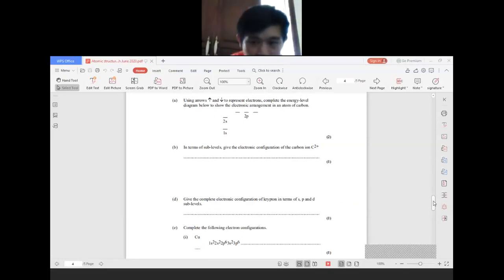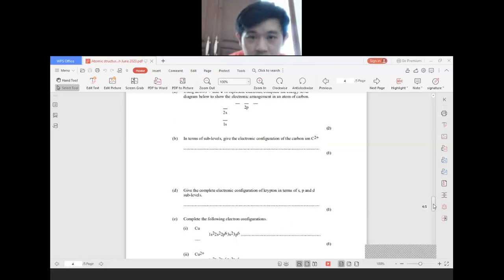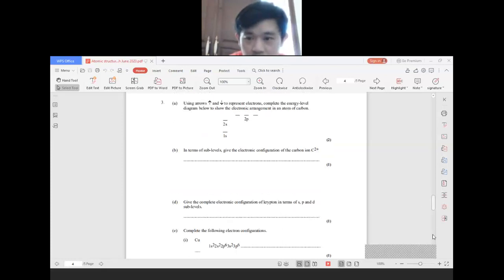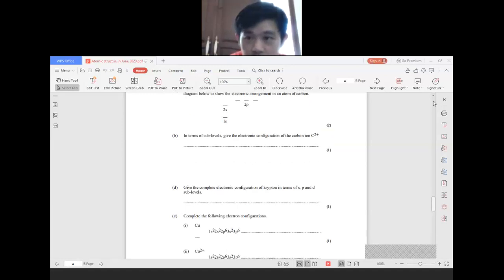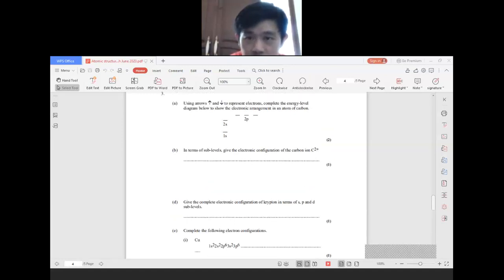One is clockwise and the other one is anti-clockwise. In order to write this, we have to use the arrow, so we have to do annotation again.